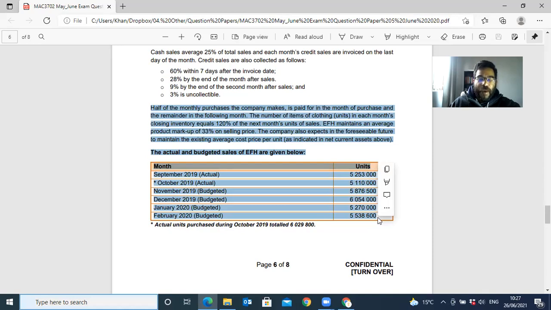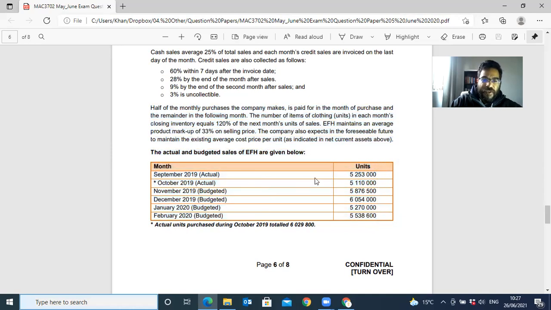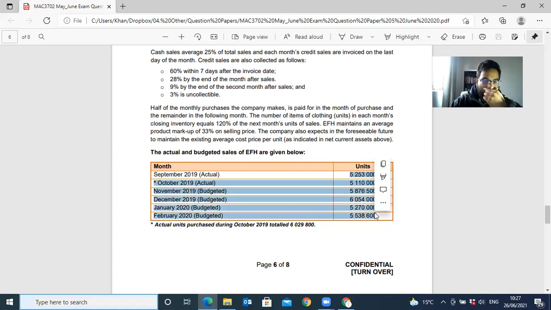So the number of items of clothing units in each month's closing inventory equals 120% of next month's units of sales. Here we're given the units of sales. Just take note of that. We are given the units of sales.